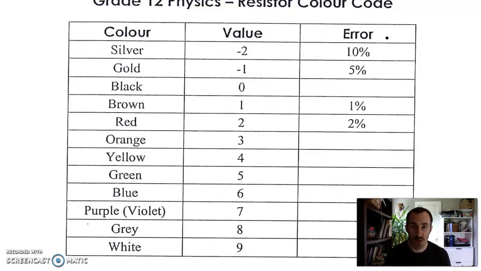So our yellow, purple, black, gold one would be 47 times 10 to the power of 0. 10 to the power of 0 is 1. So 47 times 1 is just 47 ohms. Resistance is measured in ohms. And our last gold band says that we have an error of 5%.